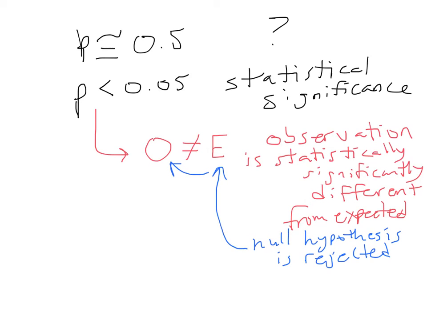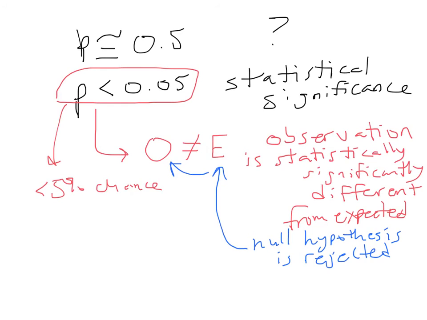Put one more way, a p-value of less than 0.05 corresponds with less than a 5% chance that our data truly do match the expectation, but look as different as they do just because of bad luck or by chance.